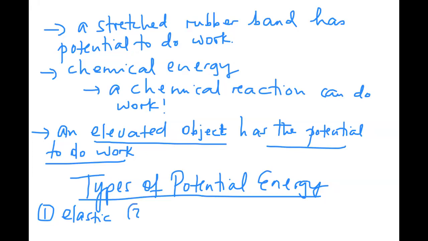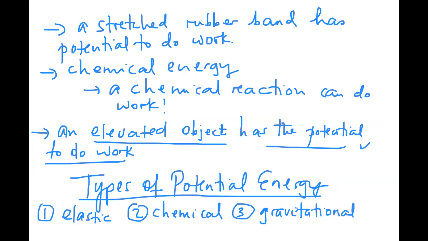Chemical energy, we have seen examples of the apple, fuel, explosive materials, that's chemical potential energy. In the last example, we talked about an elevated object. That one is gravitational potential energy. So we have elastic, chemical, and gravitational potential energy.